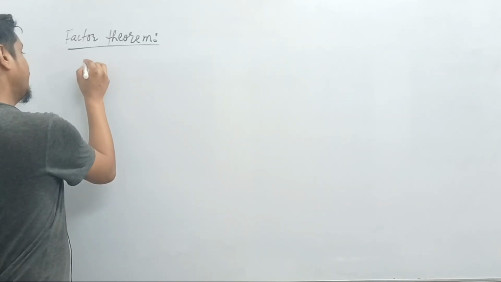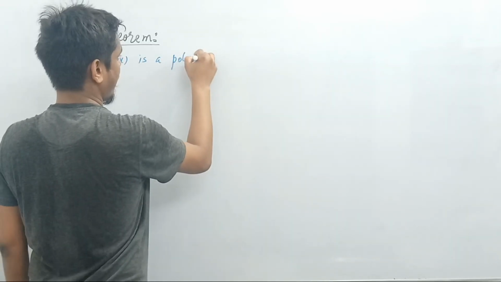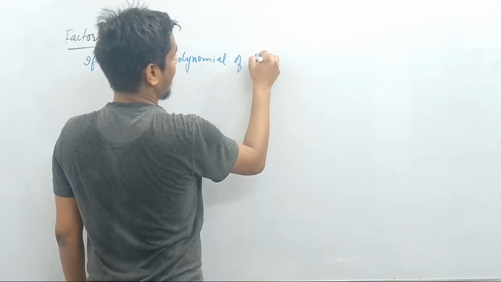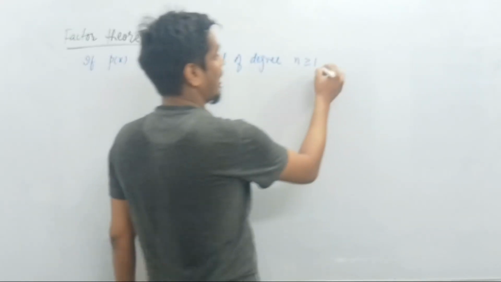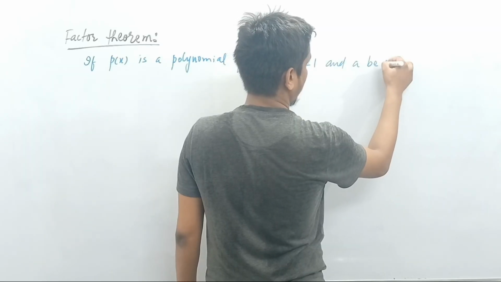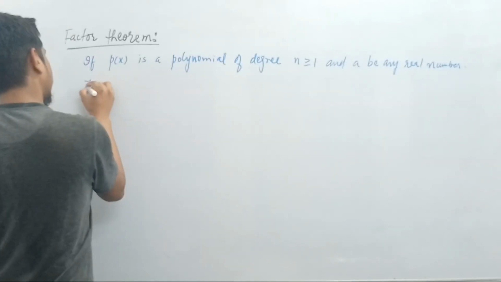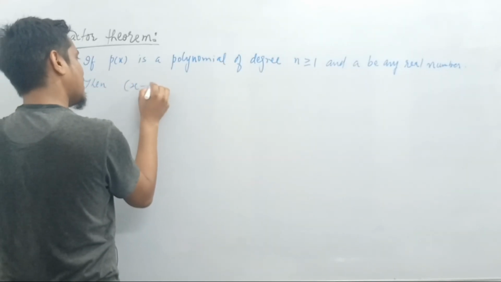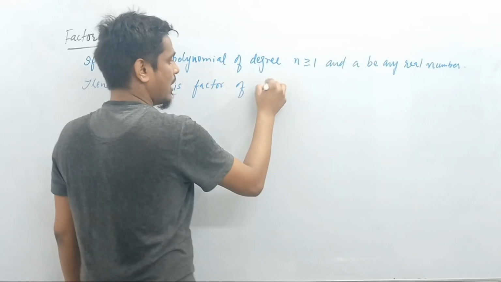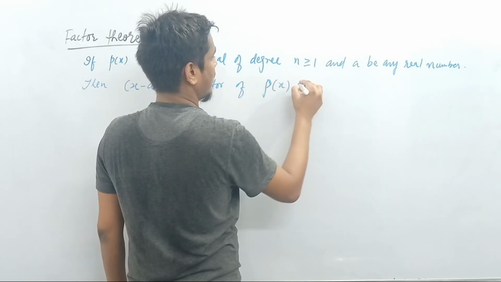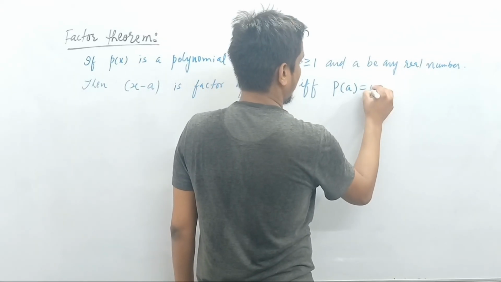So what it says is that if p(x) is a polynomial of degree n, which is either 1 or bigger than 1, and a is any real number, then x minus a is a factor of p(x) if and only if p(a) is equal to 0.